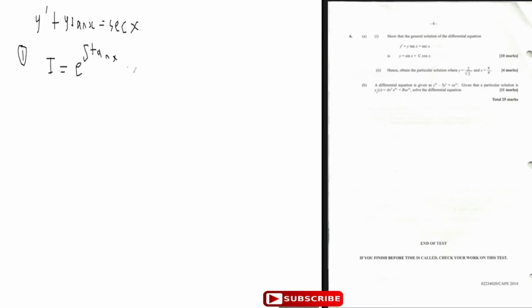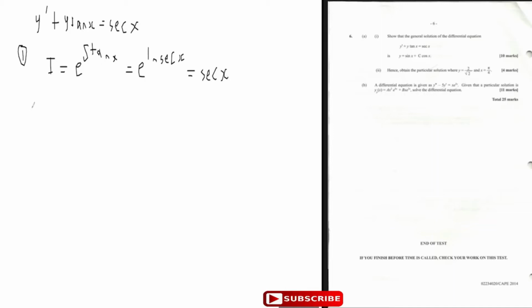So the answer works out to be e to the ln sec x. But e and ln cancel, and so you just get sec x. Now when you get sec x, you're not finished yet.